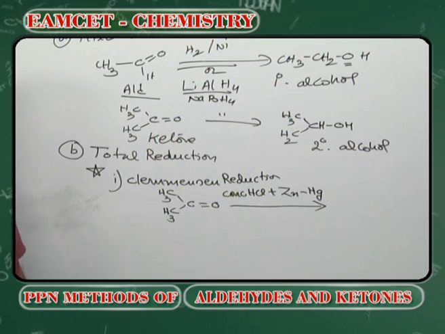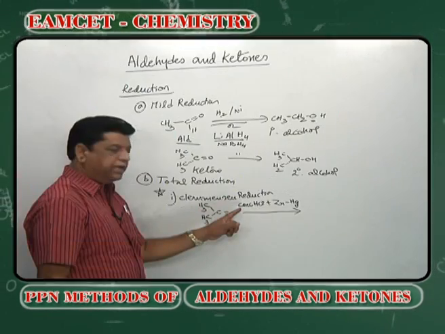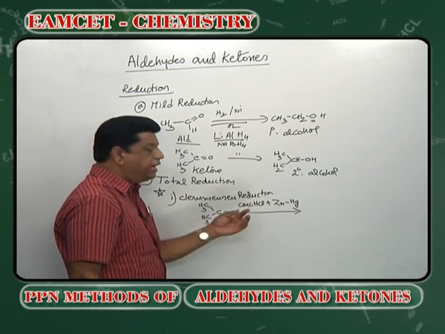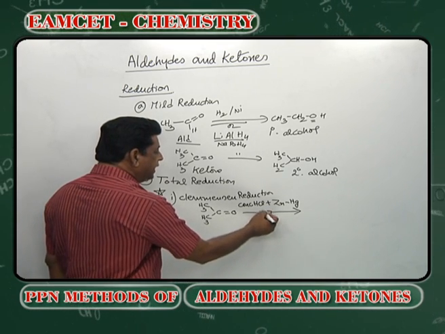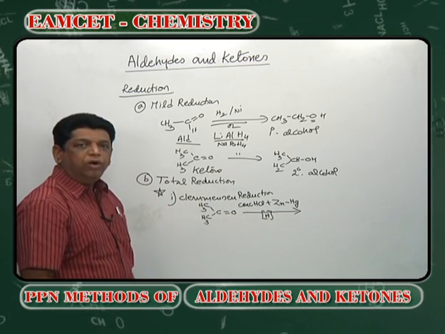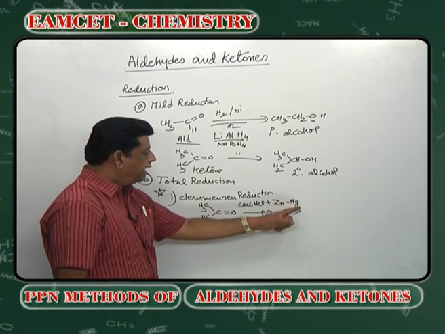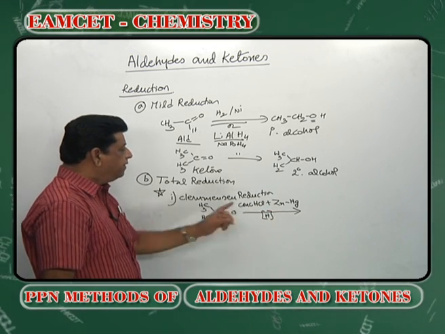Zinc and mercury is known as zinc amalgam. HCl and zinc react, giving zinc chloride and nascent hydrogen. But we make this nascent hydrogen more vigorous by taking concentrated HCl and amalgamated zinc. This reagent is known as Clemmensen's reagent.